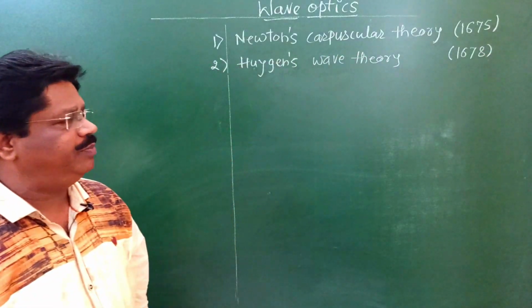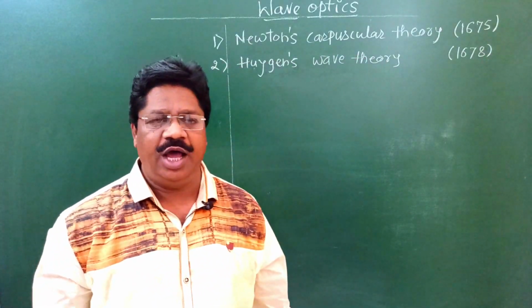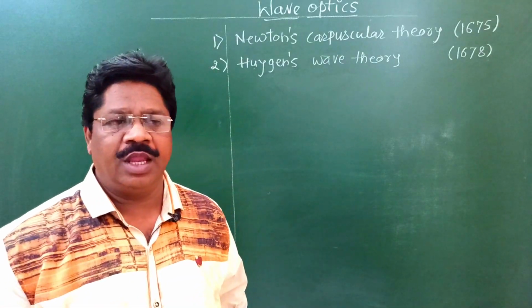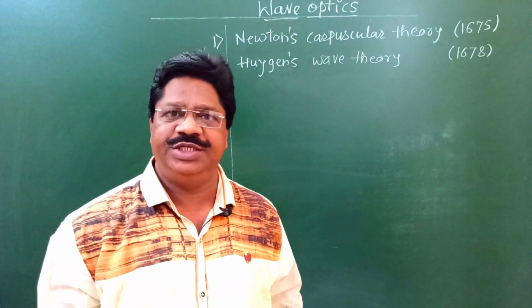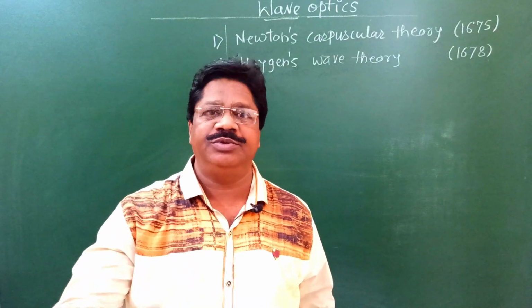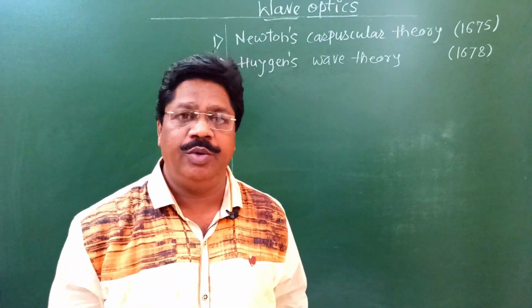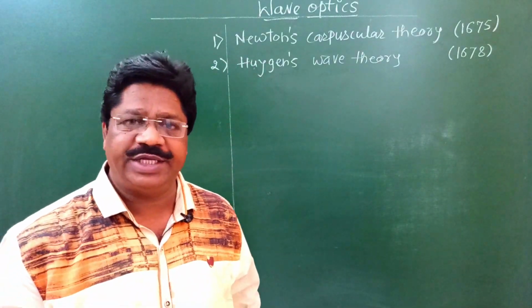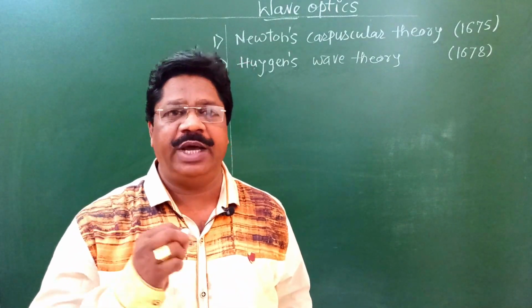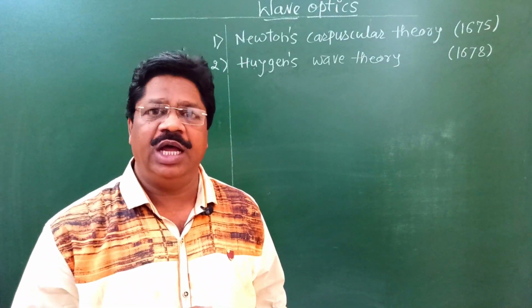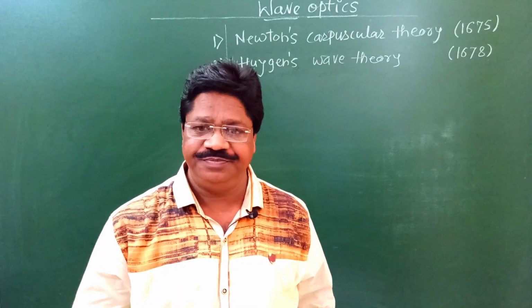In the 17th century, particularly 1678, Huygens proposed his theory whose base was wave nature, that means light travels from one place to another in the form of waves. Again, there were some drawbacks which could not be explained by Huygens' theory, and therefore this theory was also discarded.